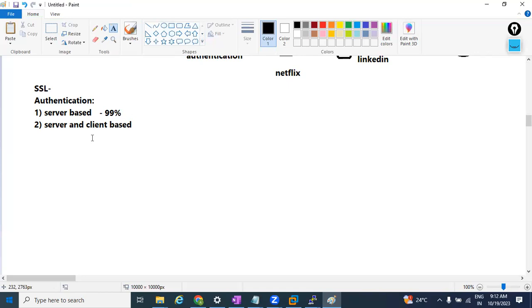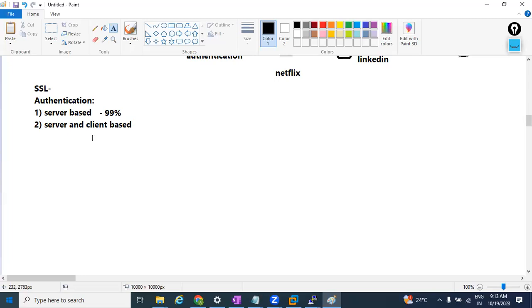There is one option I'll show you. But for non-technical persons it's not possible for all, and no one wants to buy a certificate. So mostly we have server based. This is the reason authorized, unauthorized, ethical or non-ethical, everybody is able to access Facebook, Instagram, Netflix. There are no restrictions for that.